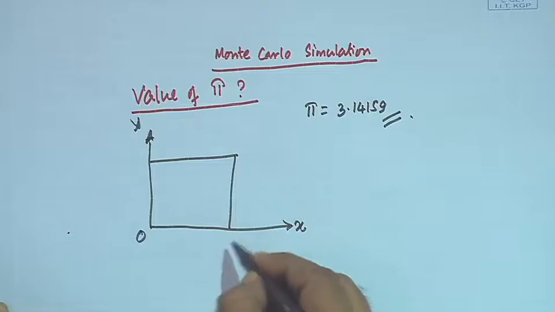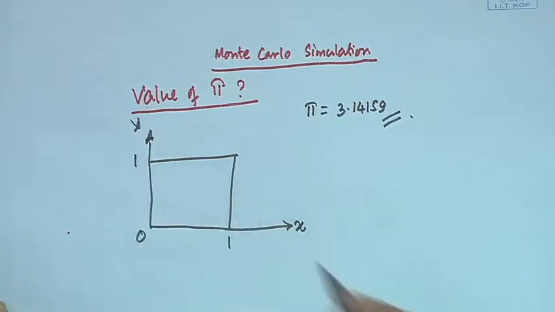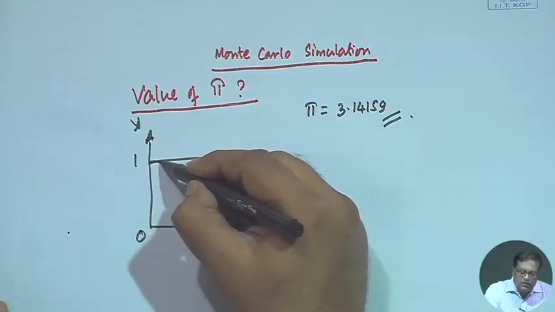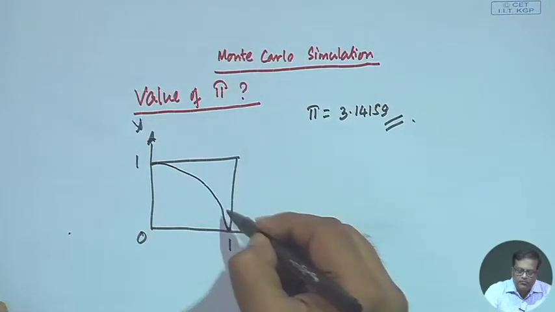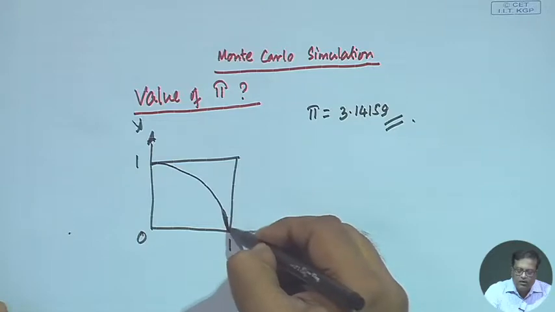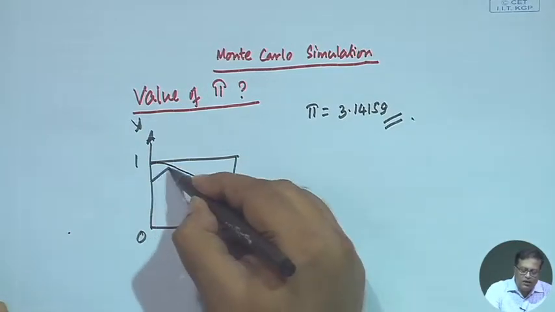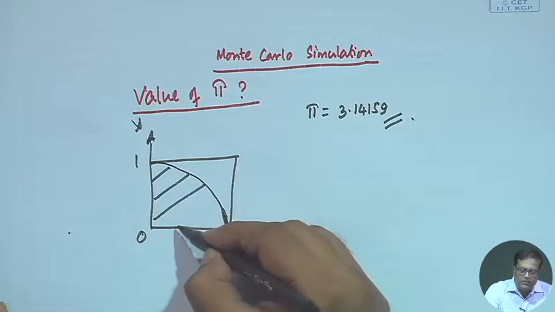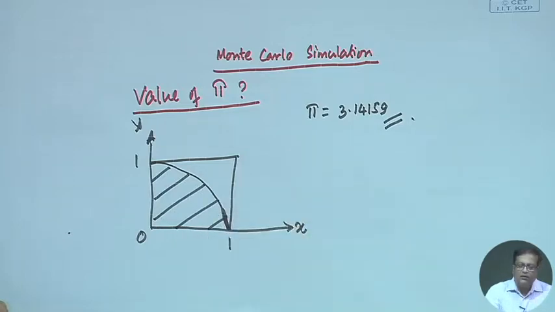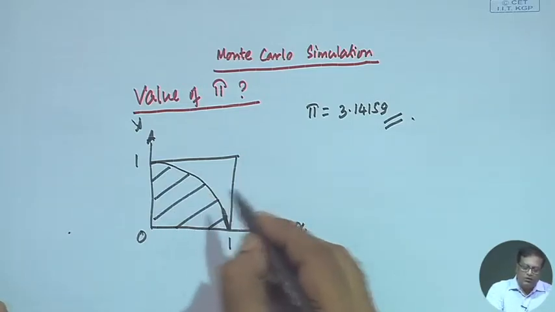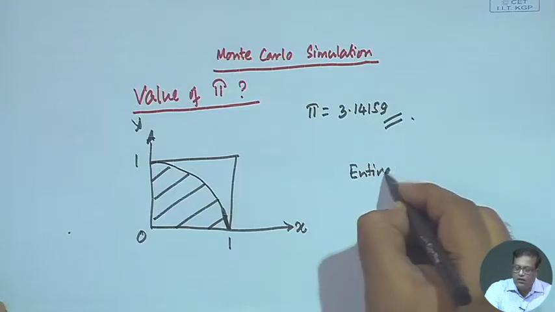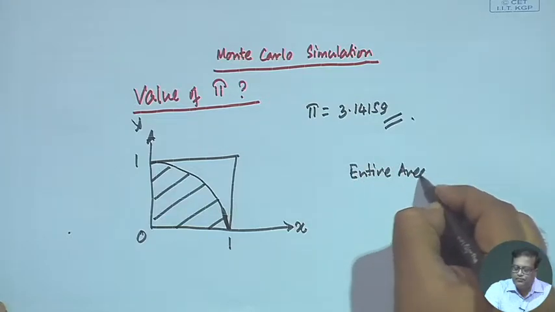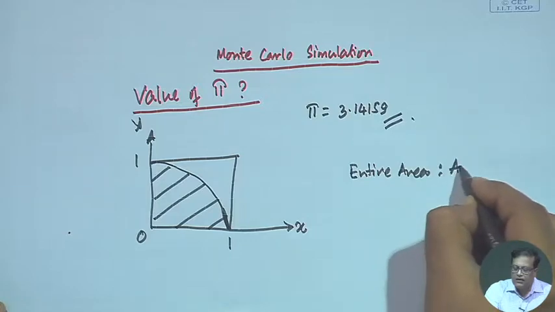So, this is 0, this is 1 and this is 1, this is a unit square. Now, within the unit square you take a quarter circle, right, and then hatch this quarter circle area. So, let us call the entire area A. So, what is A?